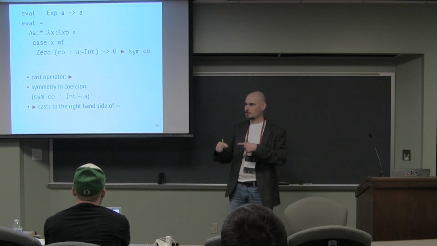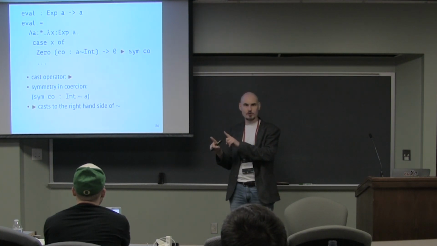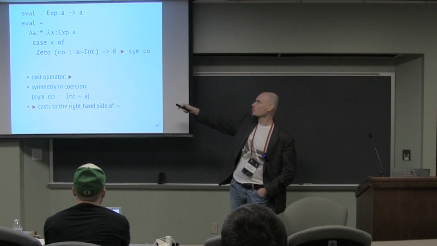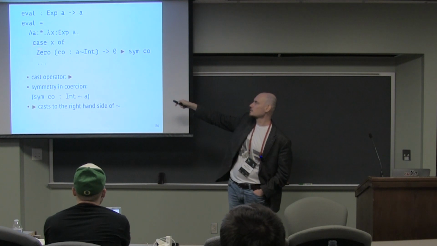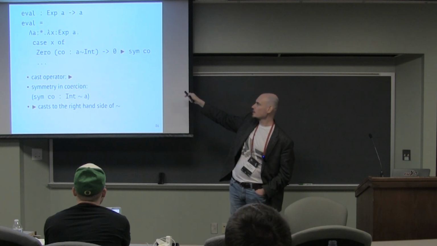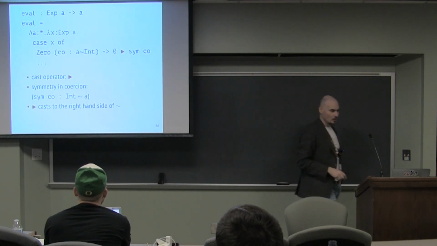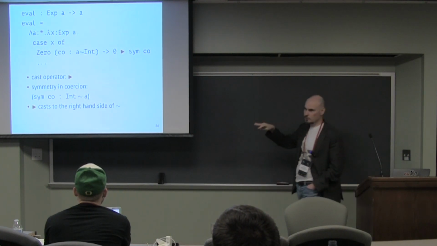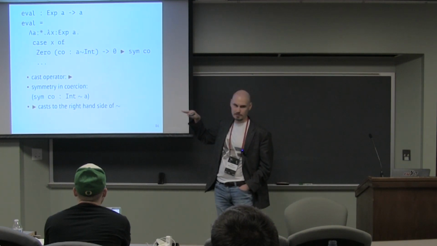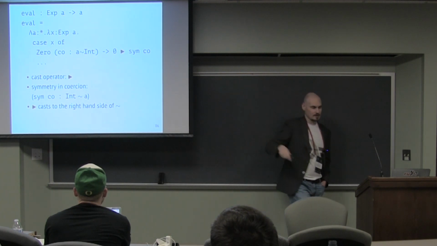So when desugaring this code, the compiler is able to come up with this proof that A is coercible to int, or int is coercible to A. Because it has this in the context, it is able to come up with this symmetry, and then this symco will be int is coercible to A, right hand side is A, and then 0 is cast to A. And now it has the correct type. We did not have something like that in our Haskell source code, but then the desugarer finds out that there is a proof, and it can be converted to this GHC core where everything is explicit.